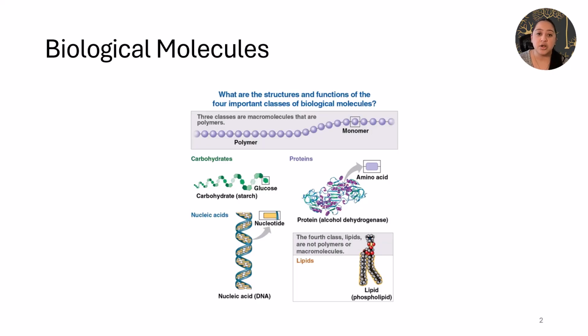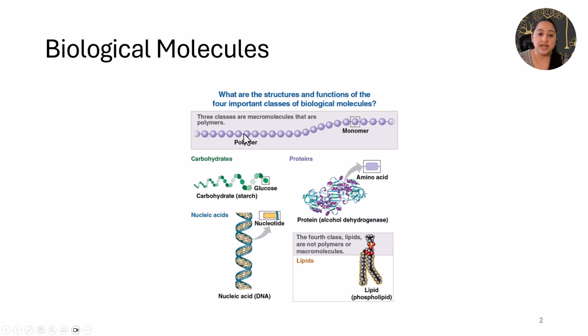So the 4 important classes of biological molecules are carbohydrates, proteins, nucleic acids, and lipids. Well, 3 of these are classes of polymers. A polymer is a really long, large molecule made of smaller building blocks called monomers.